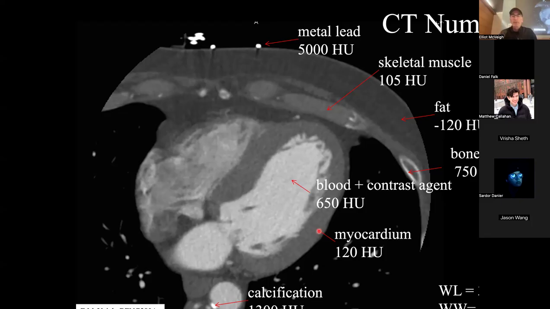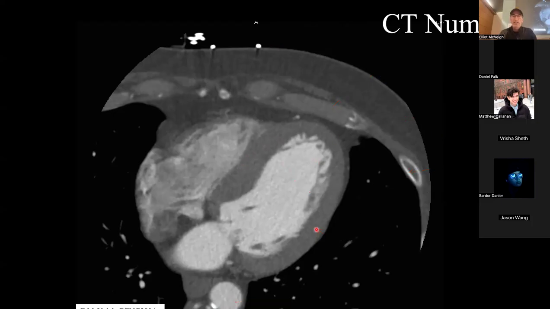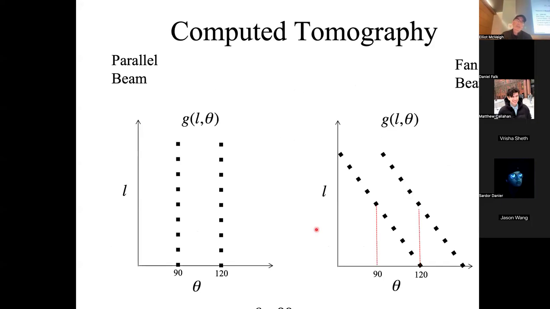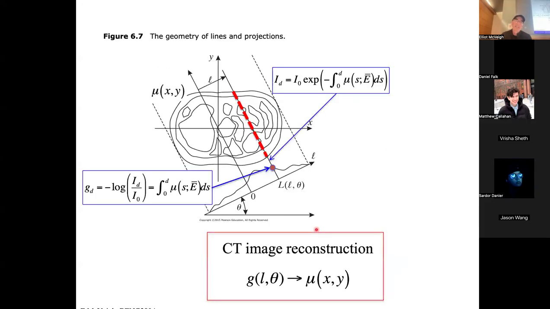How are we going to measure mu? Well, when we make the CT scan, it turns out from the math here that our measurement is actually just the sum of all the mu's in that column. So when you make a floating point image, it comes out as mu's.